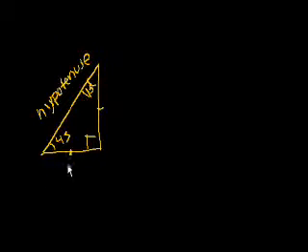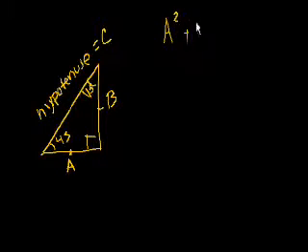So let's call this side A and this side B. From the Pythagorean theorem, let's say the hypotenuse is equal to C. The Pythagorean theorem tells us that A squared plus B squared is equal to C squared, right? Well, we know that A equals B because this is a 45, 45, 90 triangle.